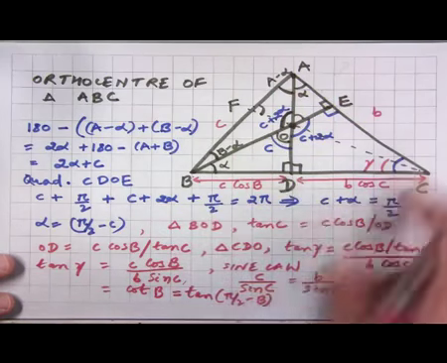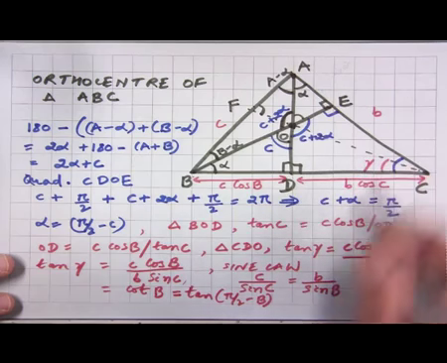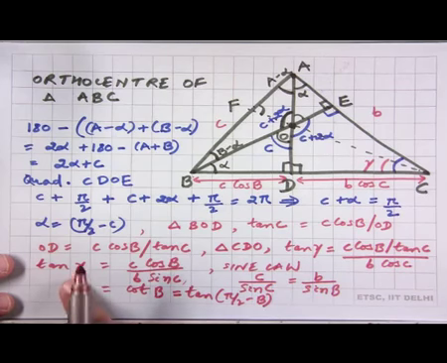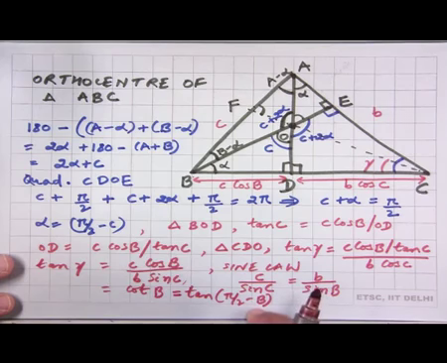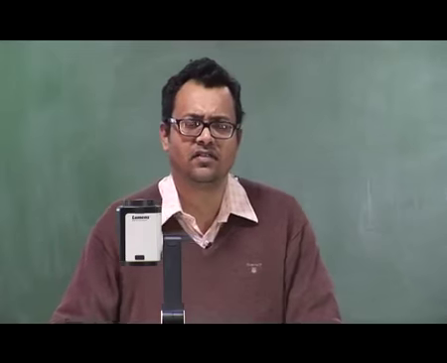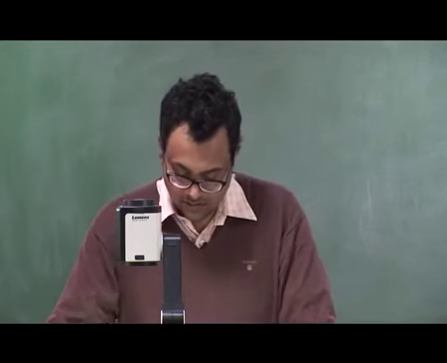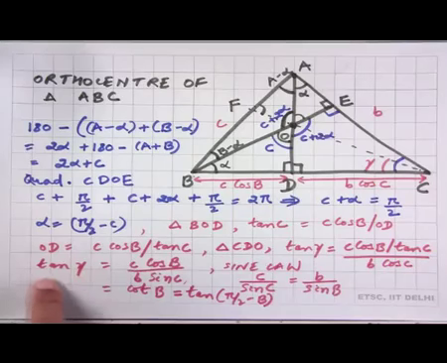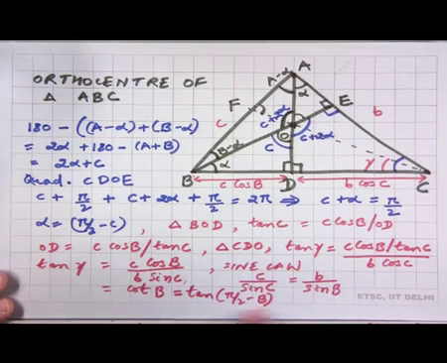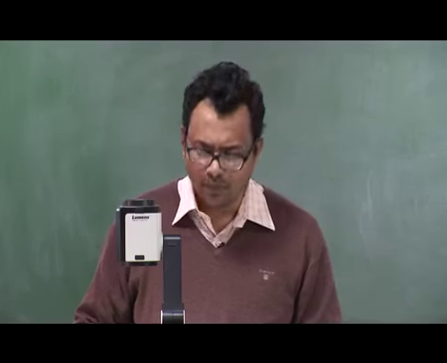So, all the angles here, this angle gamma as well as the angle B, are going to be between 0 and pi by 2. And because the tan function is monotonically increasing in the interval 0 to pi by 2, we use the fact that tan gamma is equal to tan of pi by 2 minus B, along with the fact that both gamma and pi by 2 minus B lie in the range 0 to pi by 2.